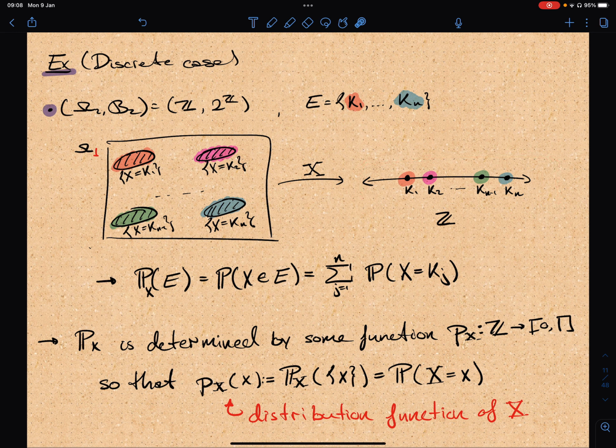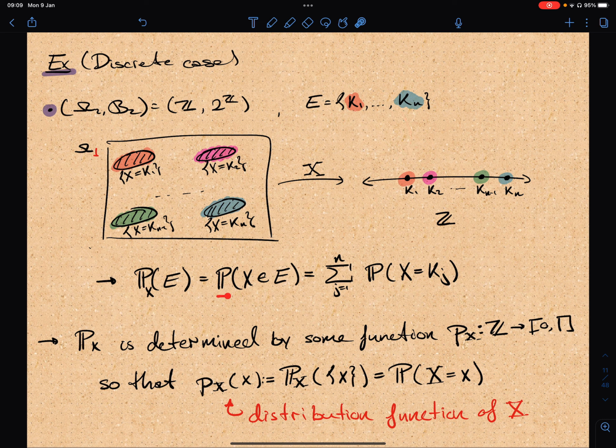In this example, I want to figure out the probability of a specific event in omega 2, in the integers. Since the sigma field for the integers is all subsets, a typical event is just going to be a subset of the integers, for instance n distinct elements in the integers. For the induced probability function, what we want to do is figure out the probability of E, which is in this space.